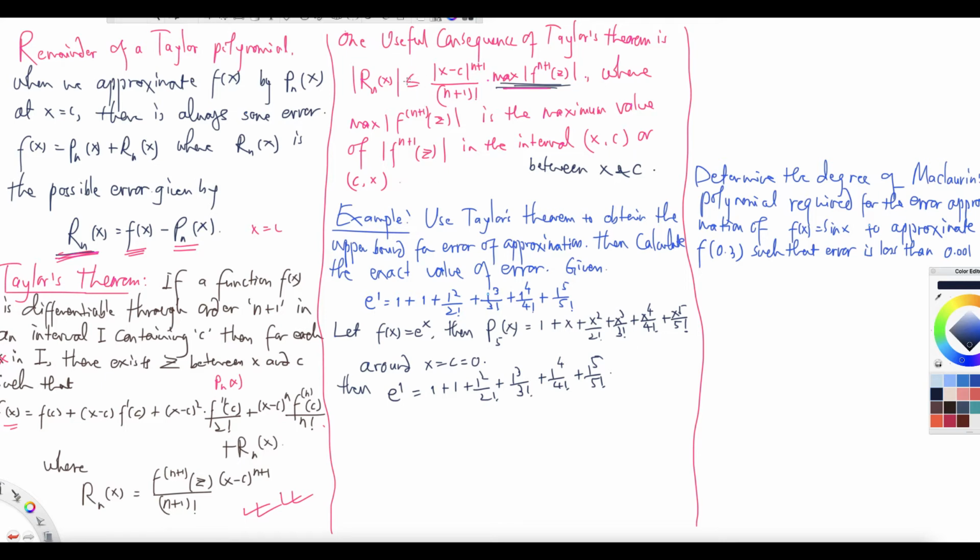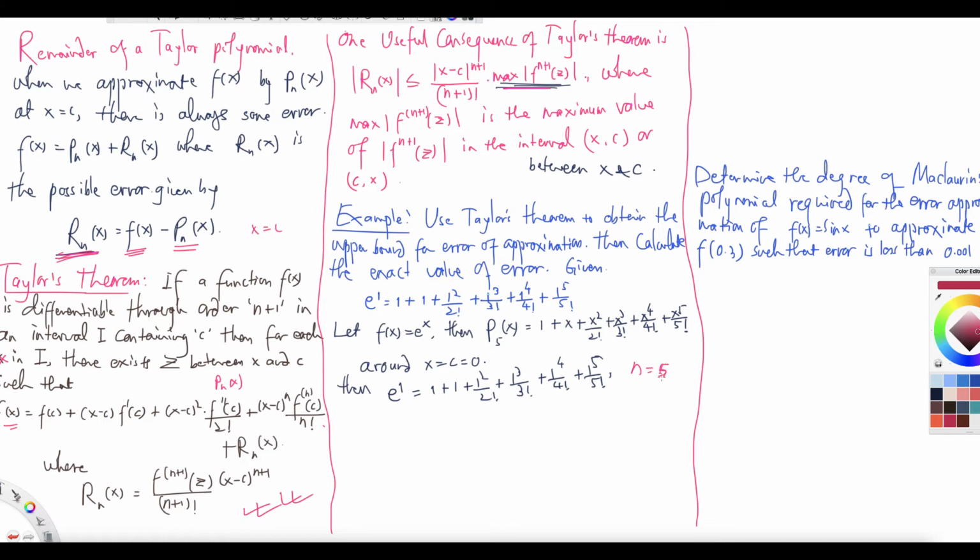So the remainder is less than or equal to the maximum of the 6th derivative times x minus c to the n plus 1, where c is 0 and x is 1, so that is 1 to the n plus 1, divided by n plus 1 factorial, which is 6 factorial. Here n equals 5 because we have P5.